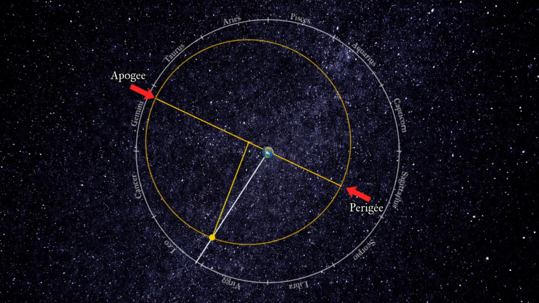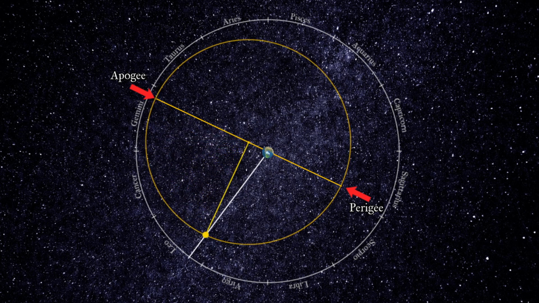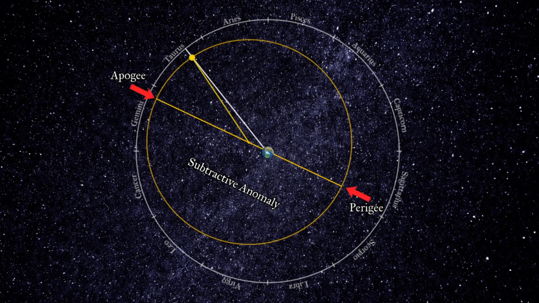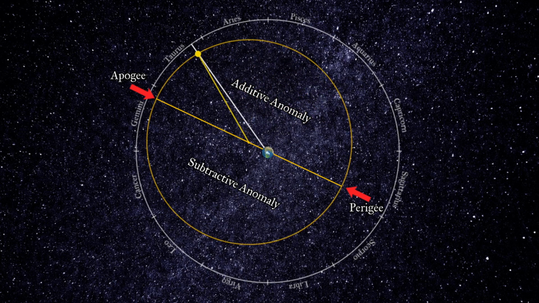Then, from perigee to apogee, the sun appears to be ahead of where it otherwise would. In other words, from apogee to perigee, the anomaly will be subtracted from the mean position, and from perigee to apogee, it will be additive. Regardless, Chapter 5 is simply Ptolemy showing us how to calculate the correction we'll need to apply to the sun's position based on how far away from apogee that it is.